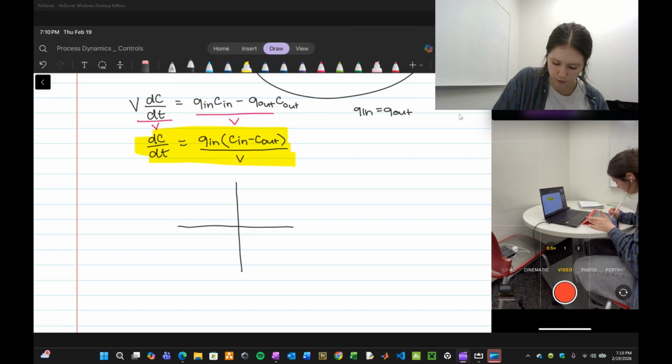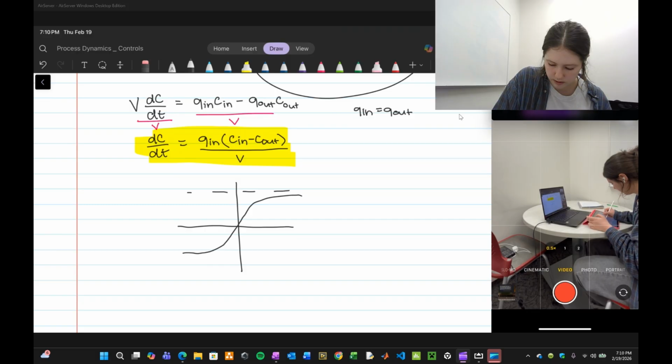And so a sigmoid will look kind of like this, with this being 1 and this being -1 down here.